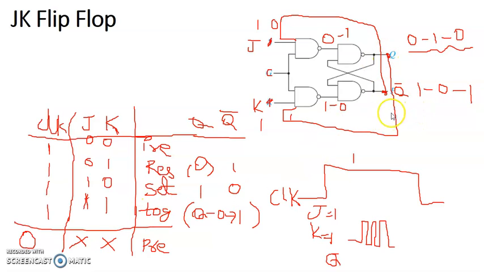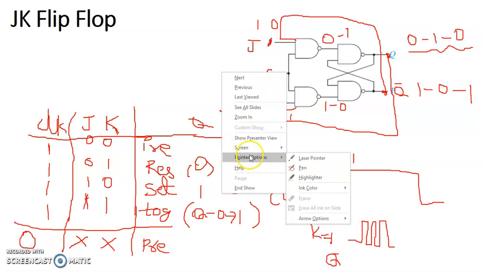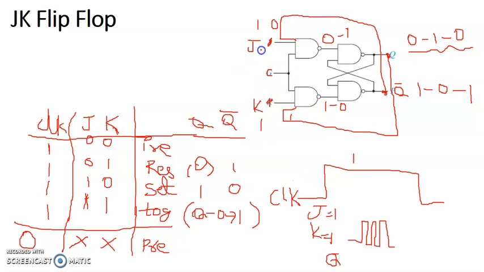Now we can look at the reset condition here. So what I can do is consider my J input is 0. Yeah, anyhow it is a reset condition. So I'll consider my J input is 0, K input is 1.